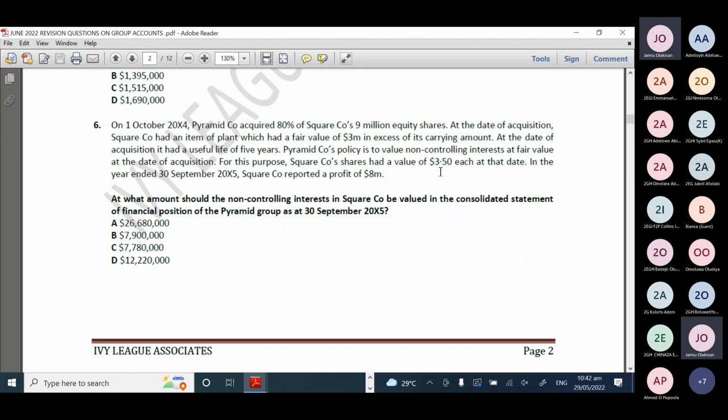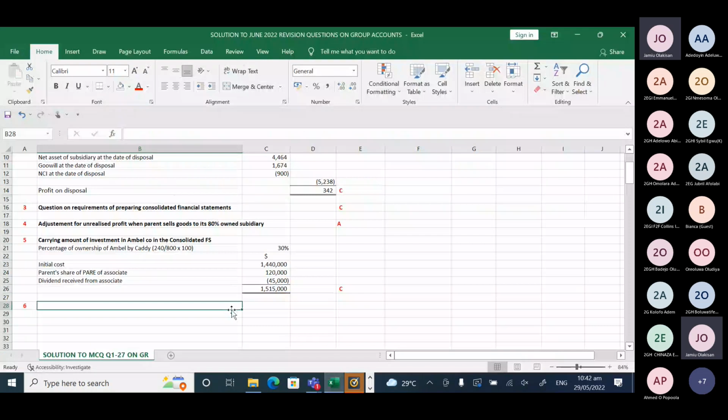Okay. So we've got the first item. We'll get the first item with that, right? Maybe I should go straight to start doing it. Question 6. What we are asked to do there is NCI in Square at the reporting date, being 30 September 20X5, right?